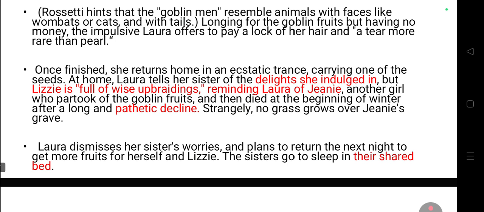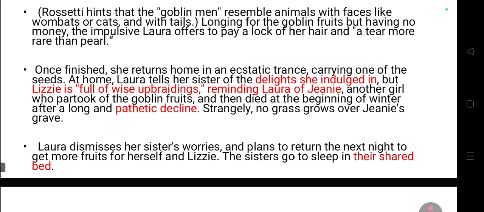What happened with Jeanie? She partook of the goblin fruits and then died at the beginning of winter. So, another girl, Jeanie, also tried to have goblin fruits, but what happened later? She died at the beginning of winter after a long and pathetic decline.